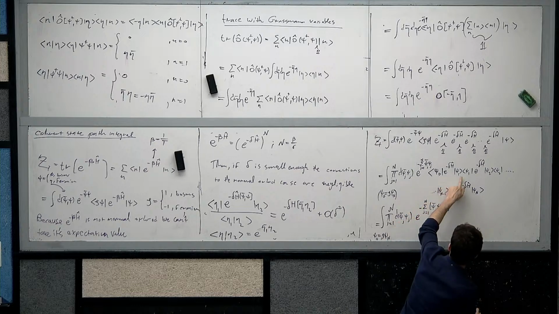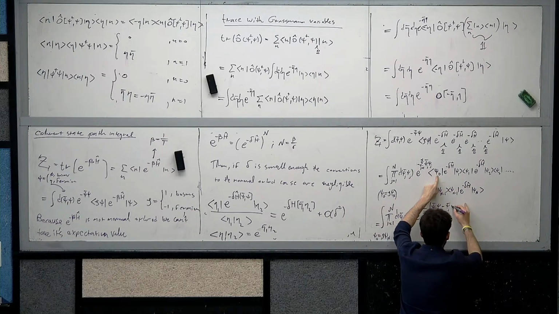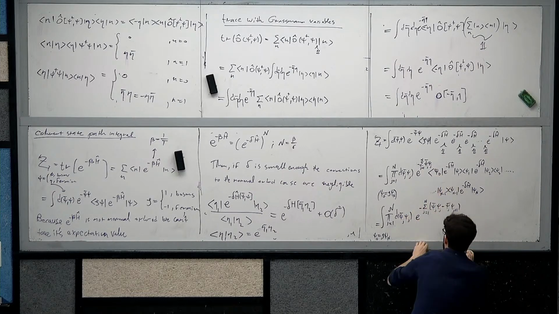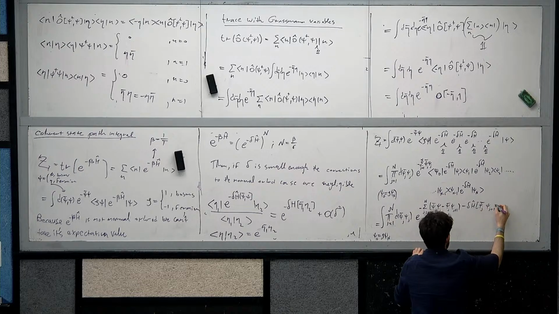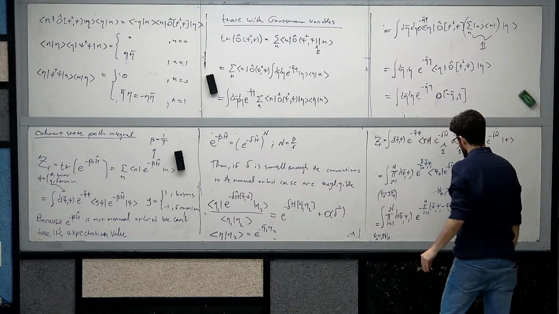So you see this is always psi j plus 1. Okay, this is all of these guys. And then I have minus delta H of psi bar j, psi j plus 1. Is that okay?